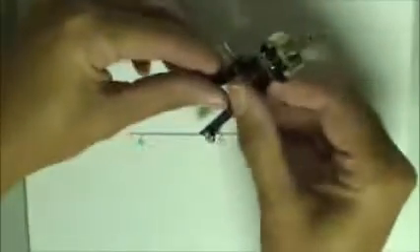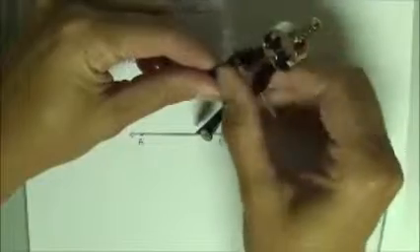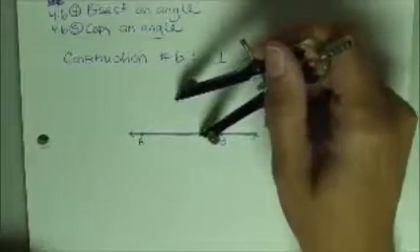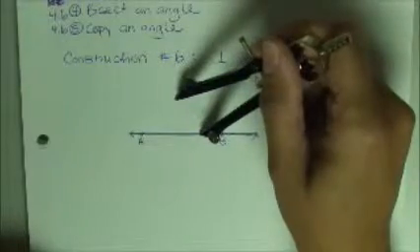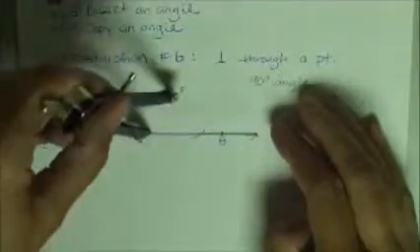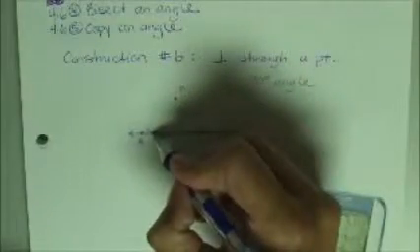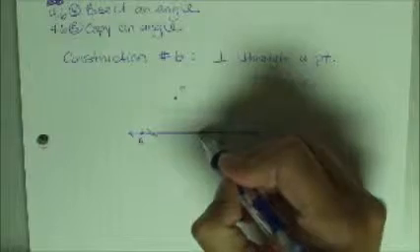First step is you want to put your pivot point on P, and you want to make sure that you can draw 2 intersecting eyebrows with your compass. Here's my first one, and then I'm going to go to this side and make another one. Now I have 2 new points on line AB.